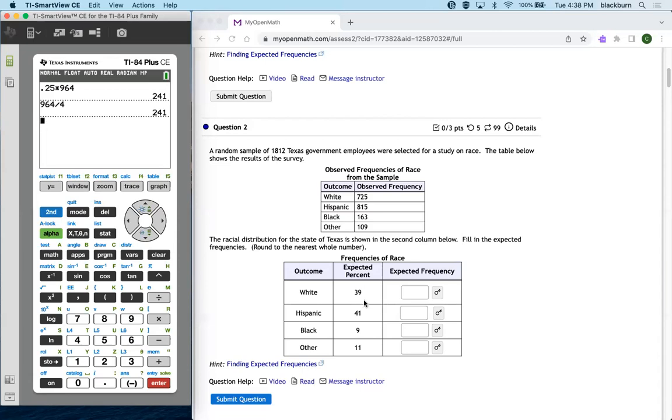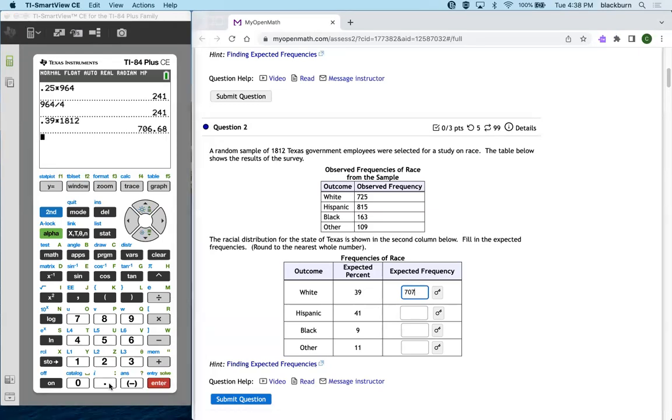We're expecting 39% of them to be white. So we're going to do 0.39 times the 1,812 employees. And we're going to round these to the nearest whole number because we're talking about people. So we expect 707 government employees to be white of those 1,812.